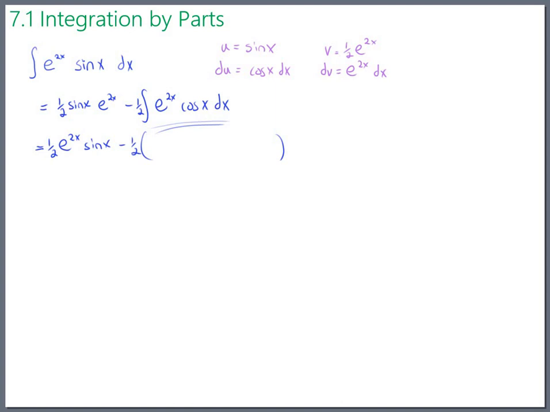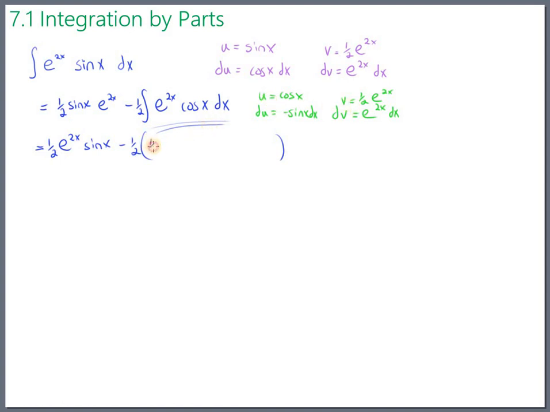Let me choose a different color here this time. I'm still going to make my u the trig function, so u will be cosine of x, and dv will be e to the 2x again. And I'll get my du, which is negative sine, and I'll get my v, which is 1/2 e to the 2x again. Okay, so I'm ready to do integration by parts again inside here. So we'll do ultraviolet.